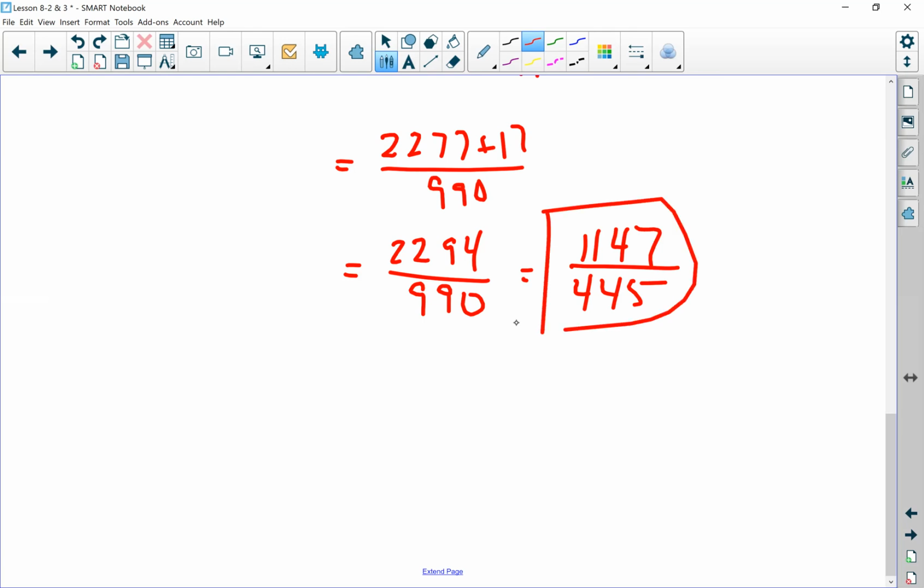So that's the using a geometric series method of converting from a repeating decimal to a fraction.